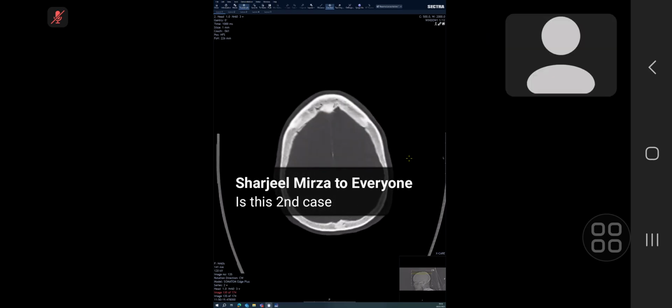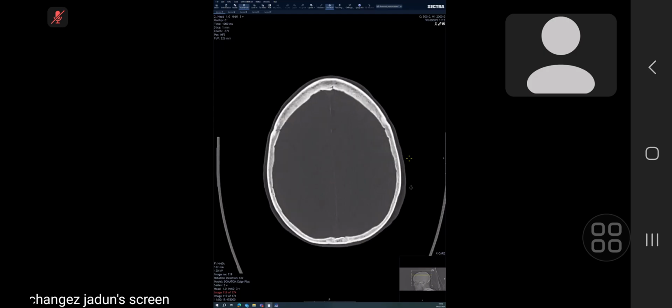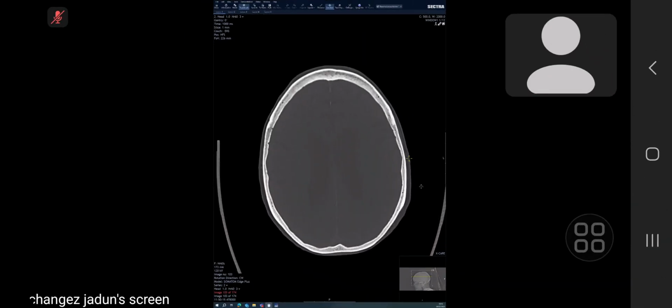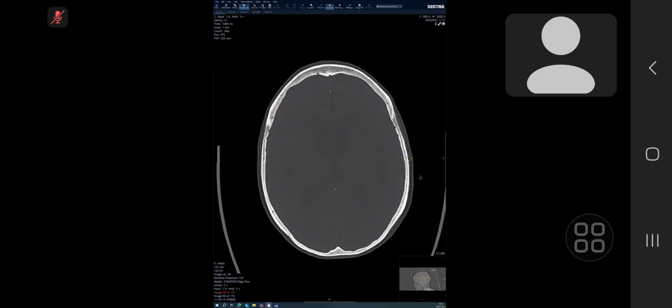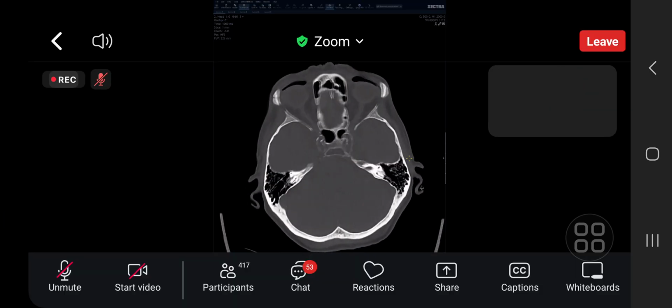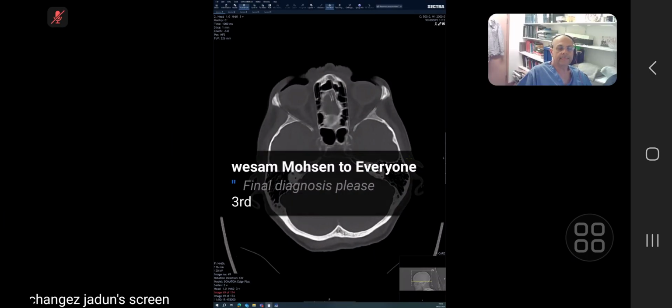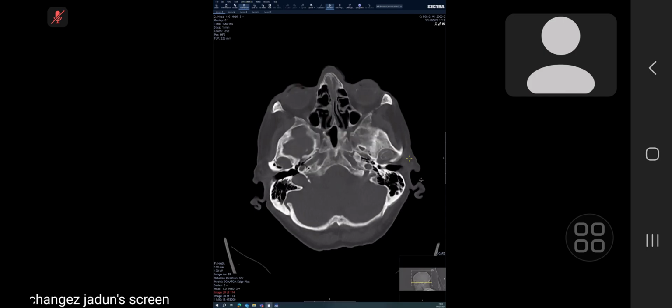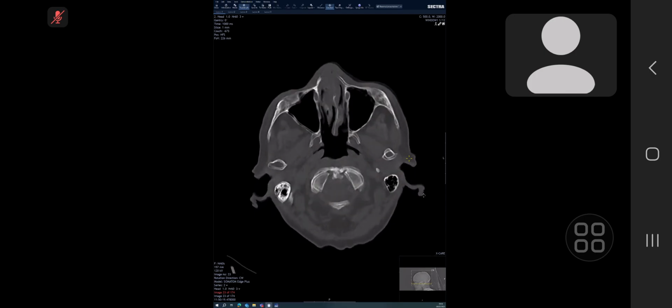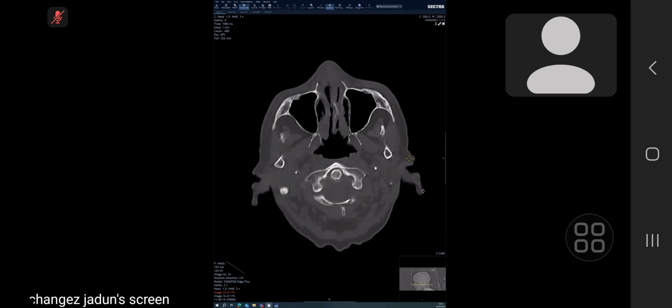Here you go. I'm going through the bone window axial sections of this patient, going from the vertex downwards, and till now I've not been able to see any fractures. I am now looking at the basal sections, and I don't see any obvious fractures till now.